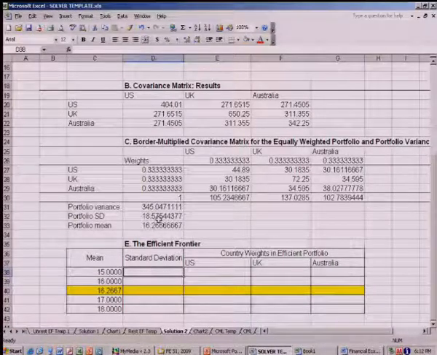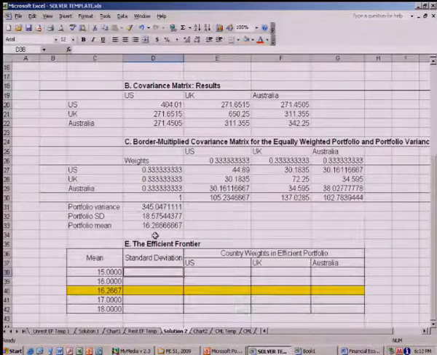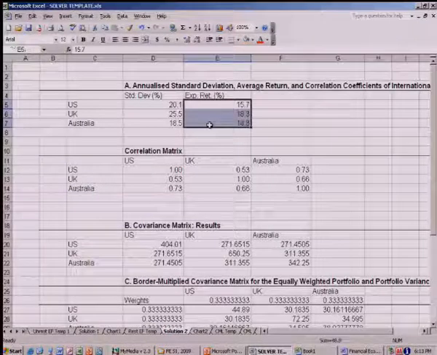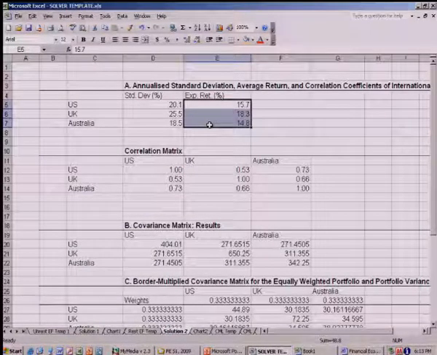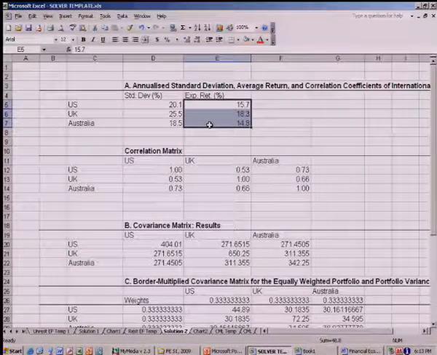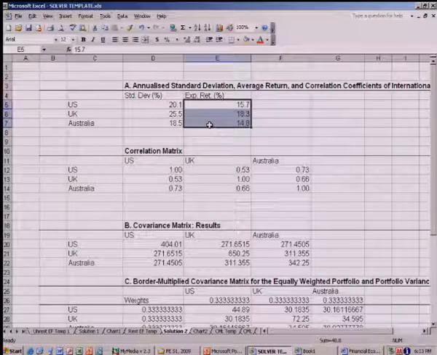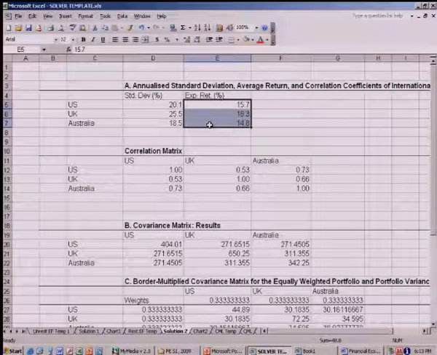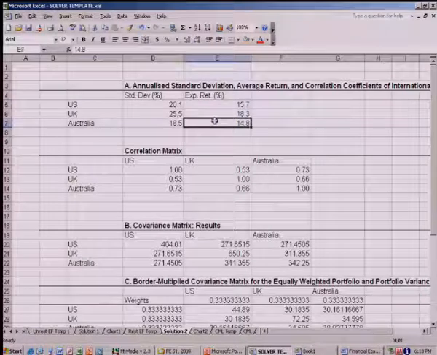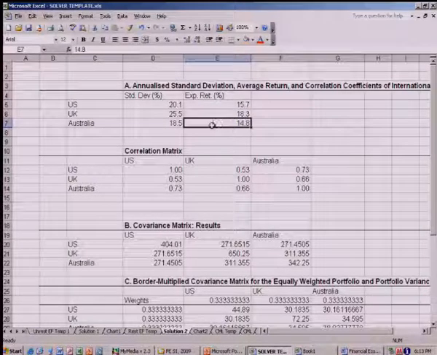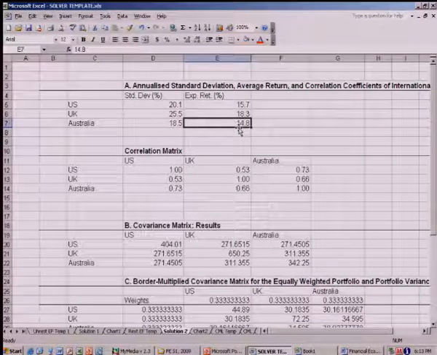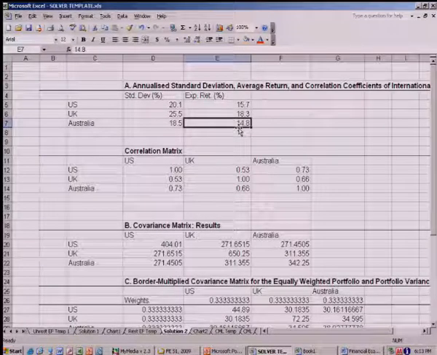One interesting thing that I need to draw your attention to is when you're constructing the restricted efficient frontier, you're really bound by the minimum and the maximum rate of return that you can earn on the individual assets. When you're constructing an efficient frontier and trying to optimize your portfolios, the target return cannot be beyond this minimum and maximum of the returns on the individual assets. Given that our minimum expected return on an individual asset in this case is 14.8, we can't get a target mean below 14.8.